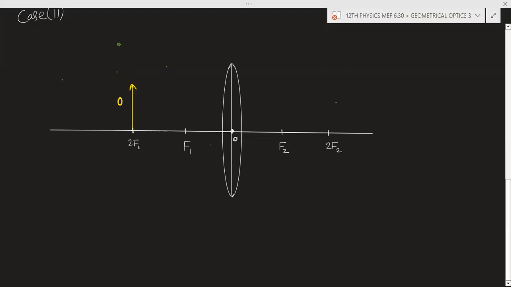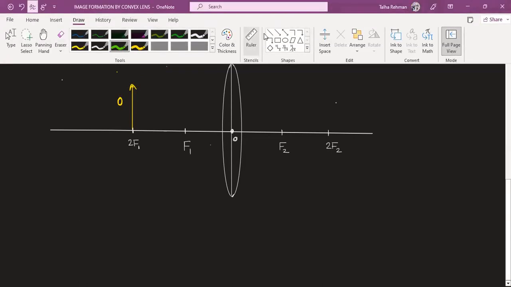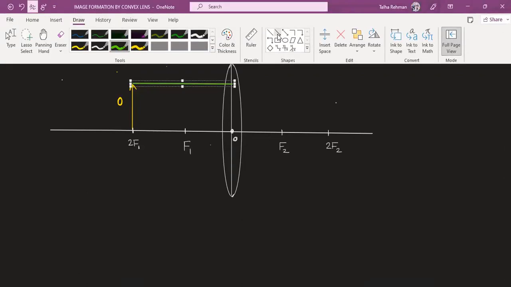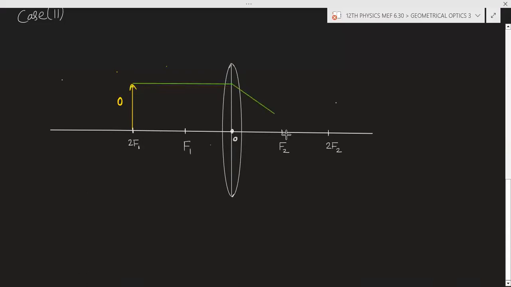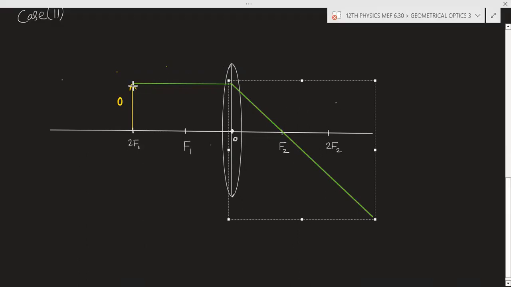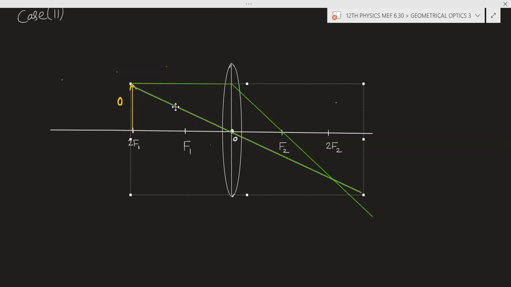So from this object, suppose one ray of light is parallel to the principal axis like this, and after refraction it will pass from F2. Another ray of light from this object is like this, passing from the optical center, and it will pass straight.